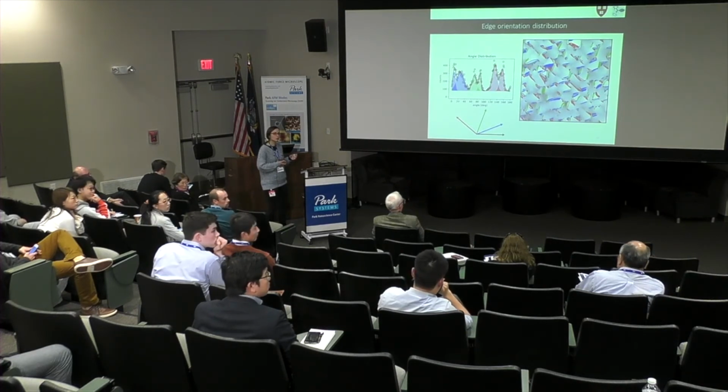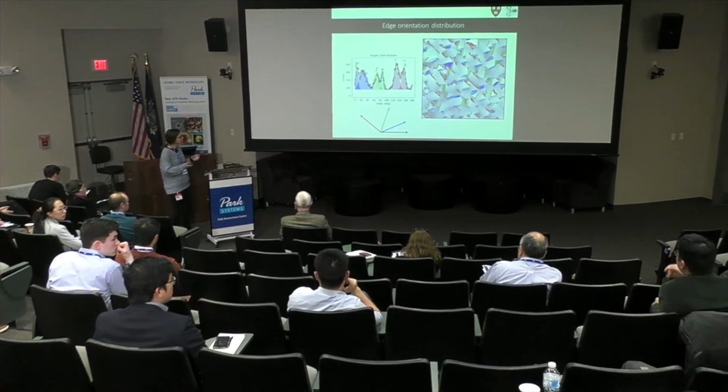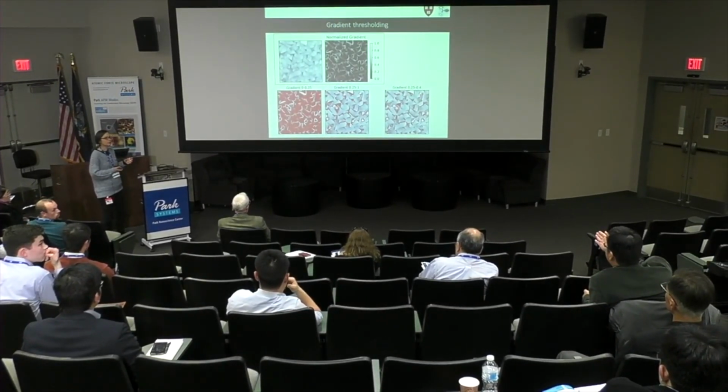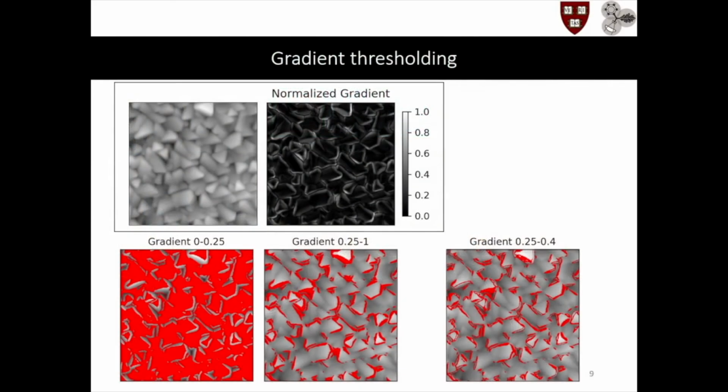What was the gradient acceptance criteria that you used? Yeah, so it's simply a cutoff. So 0.25, 2.4? Yeah, it's with the normalized gradient. So everything is divided by the highest value. And then I pick a certain slice. This is done visually mostly.